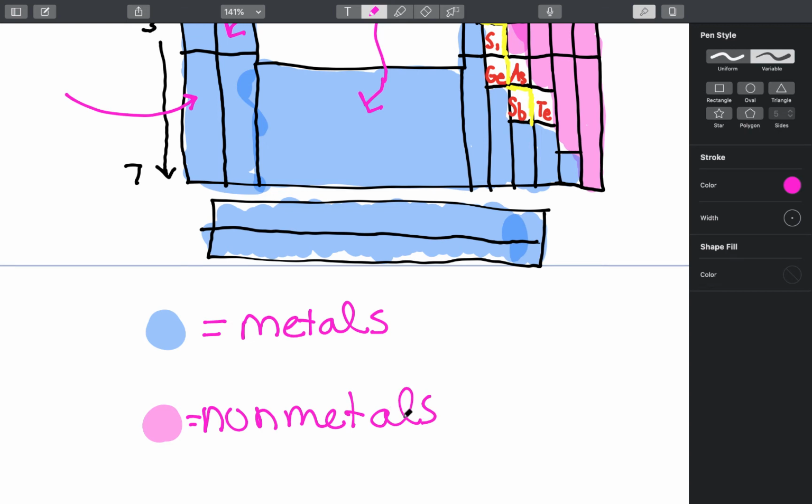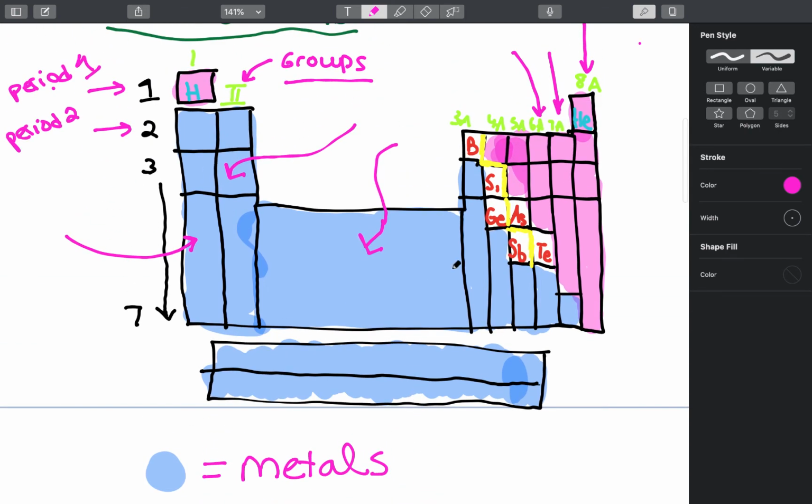Okay. And if you look at the periodic table, you'll see that the nonmetals and the metals are divided by this white segment where I actually labeled what the elements are. This white segment is the semimetals, and we'll get into what those are in a little bit.